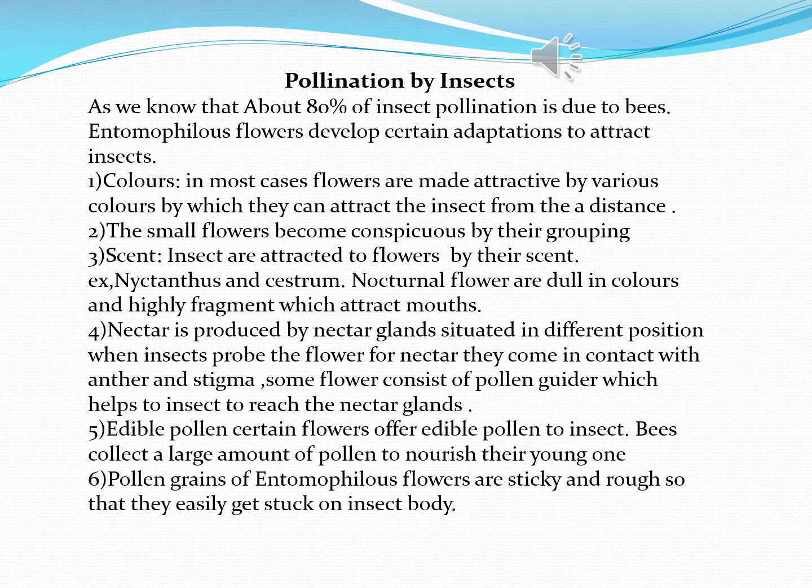Next one is, some flowers offer pollen which is edible to the insects, to help nourish their young ones. Last one, the pollen grains are sticky in nature and they will easily stick on the body surfaces. So these are the characteristics of entomophilous flowers to attract the insects.